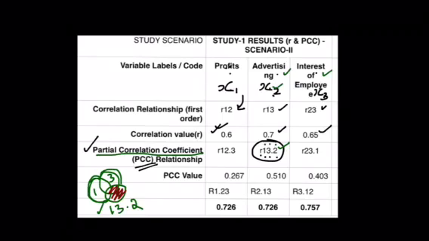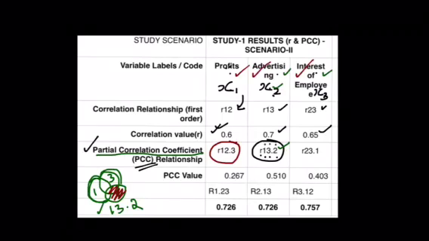Similarly, if you are trying to understand the partial correlation coefficient of R1.2.3, this means that R1 stands for profits, R2 stands for advertising and R3 stands for interest of employees.